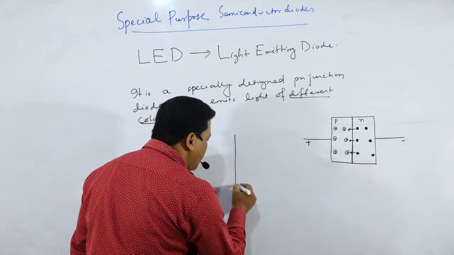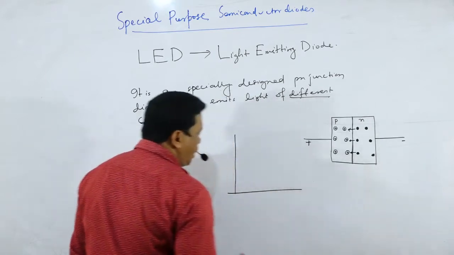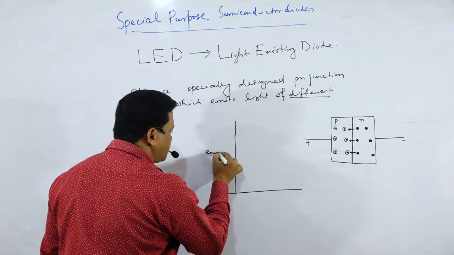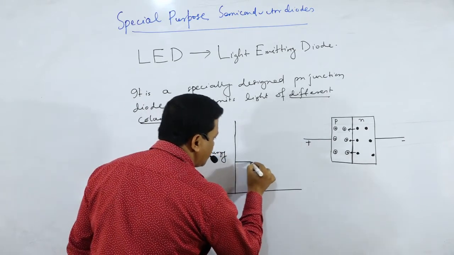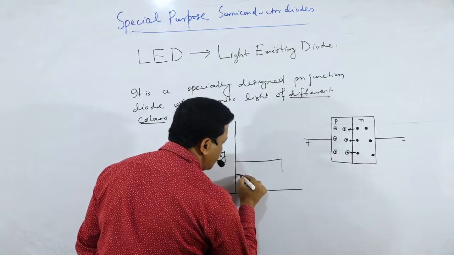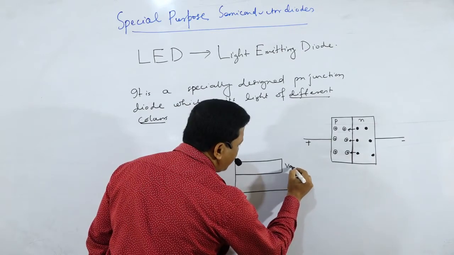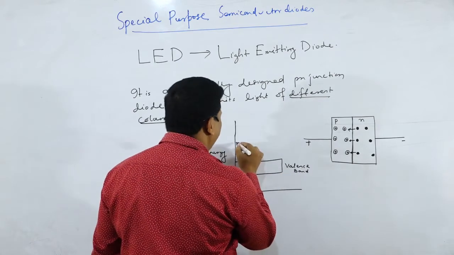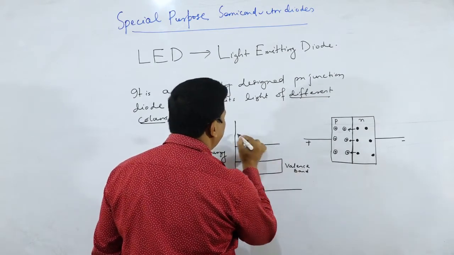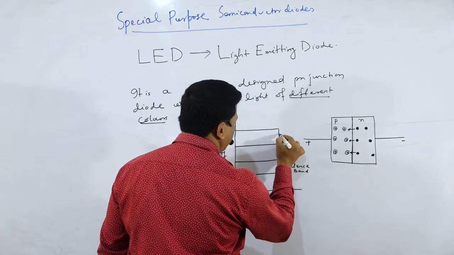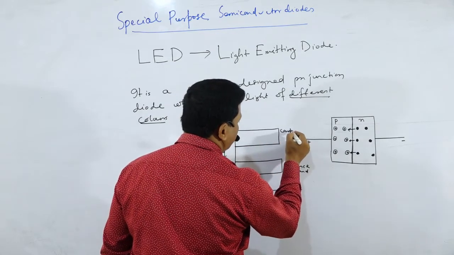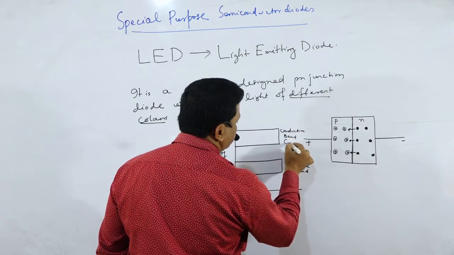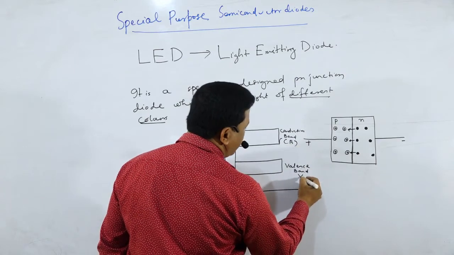So if I explain on the basis of band theory, it will be better for you. So look here, I am showing in terms of energy bands. So this is the energy. This is the valence band and this is the conduction band, CB and valence band VB.